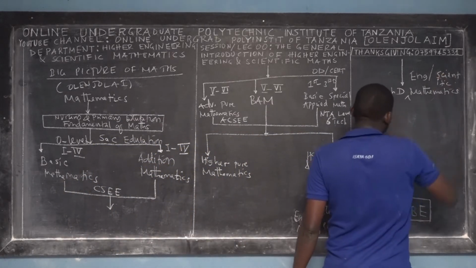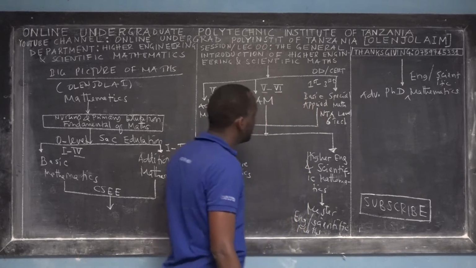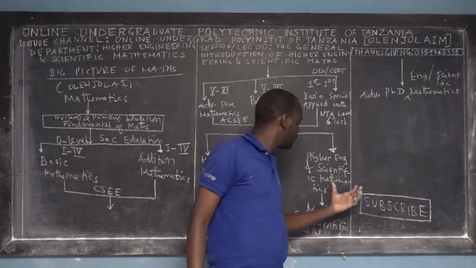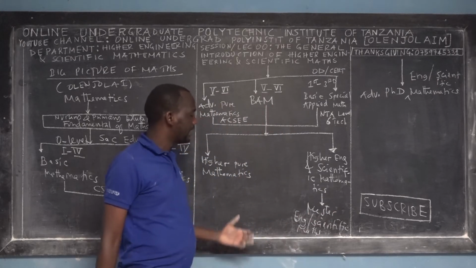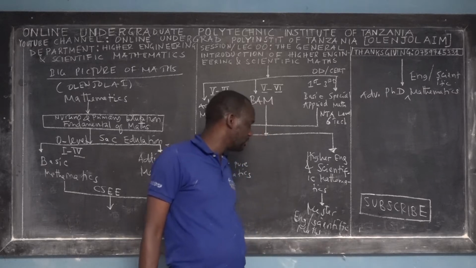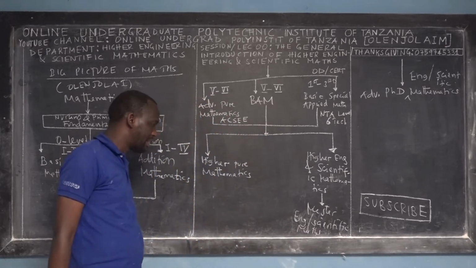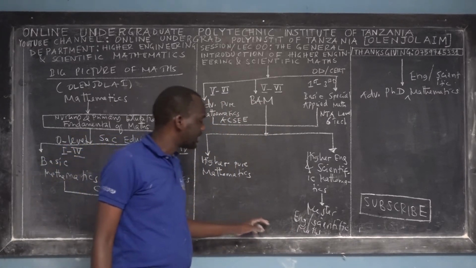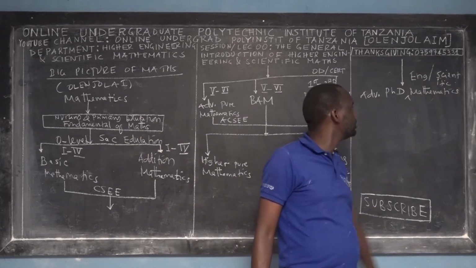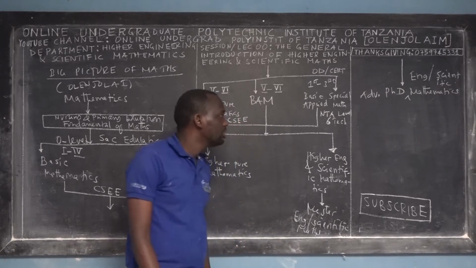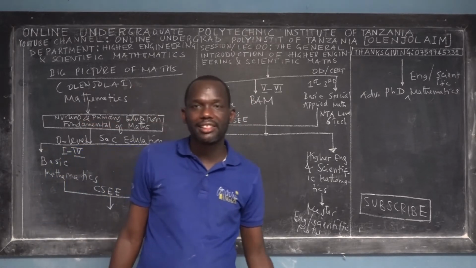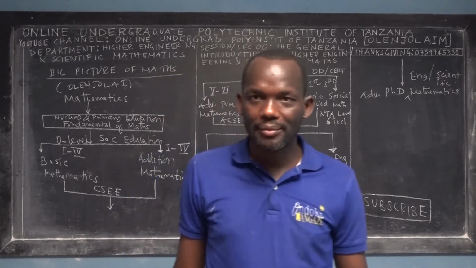So that is the general introduction. We are in higher engineering and scientific mathematics at the undergraduate, bachelor level. Then we can have masters in engineering or scientific mathematics, and next an advanced PhD, which is a further specialization program.